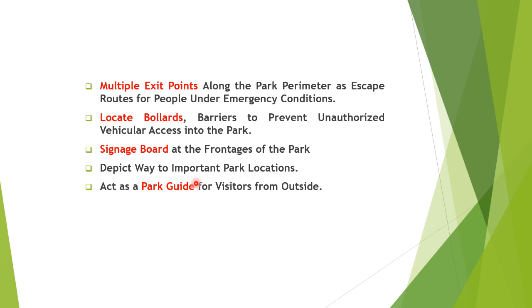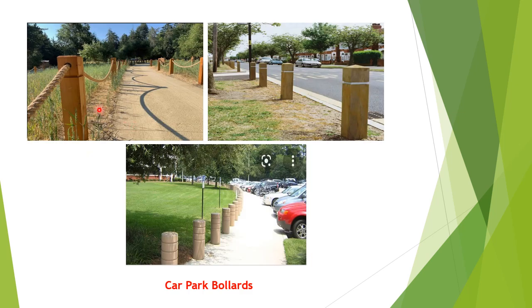You should have a signage board which will act as a park guide for visitors from outside. These are the bollards, which are of iron or wood. These are also bollards, which prevent car parking, demarcating it.